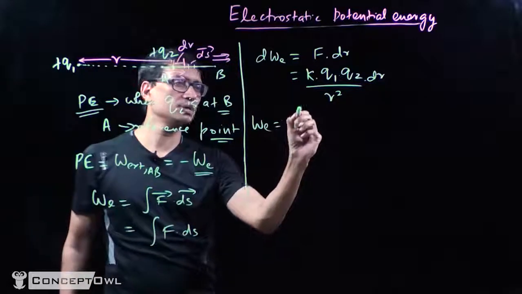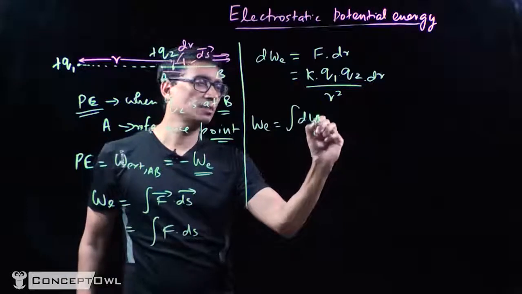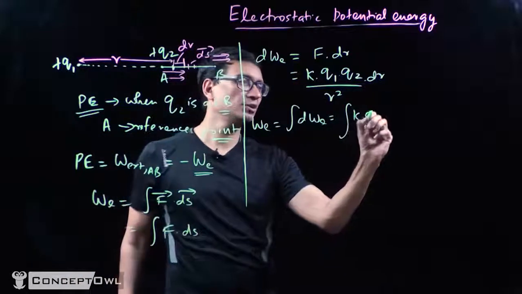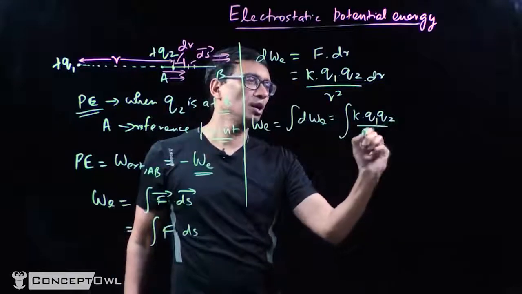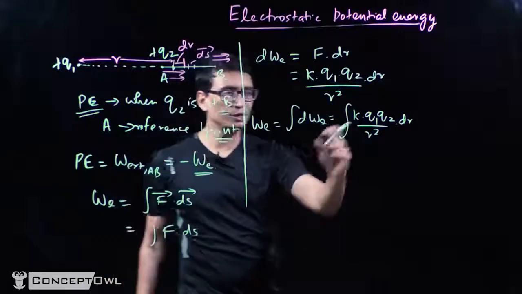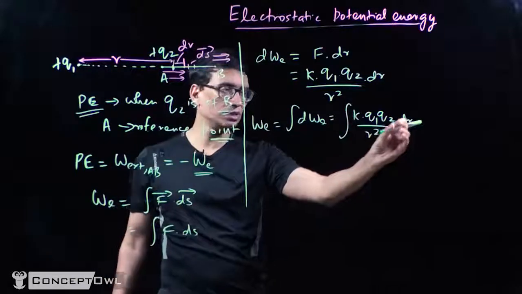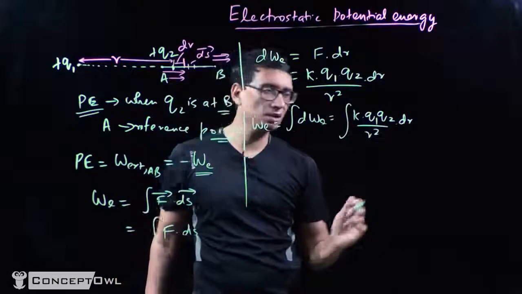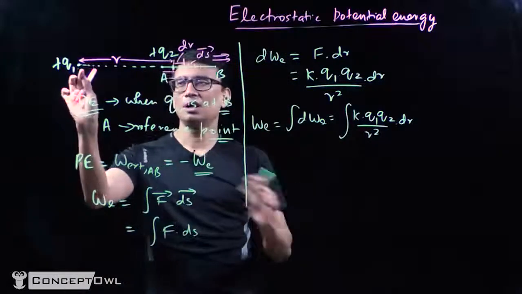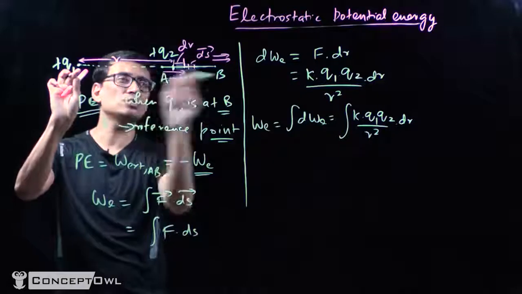The total work done would be the integral of dW_E, which is the integral of K Q1 Q2 upon r square into dr. When we do integration, we have to talk about the limits on this variable. So what is the value of r? r would go from this initial value to the final value.